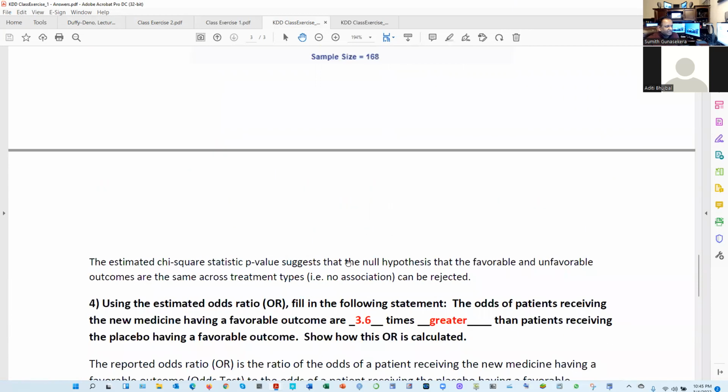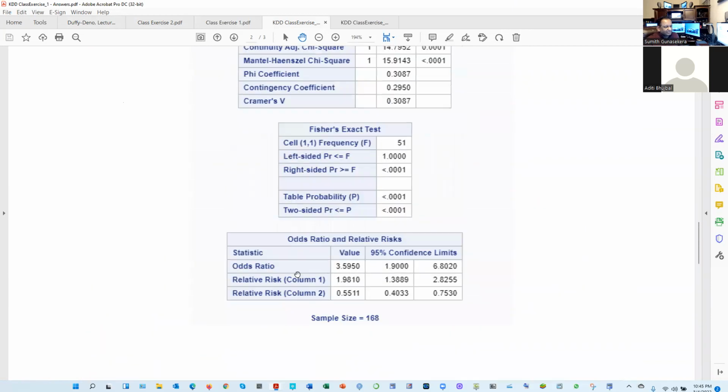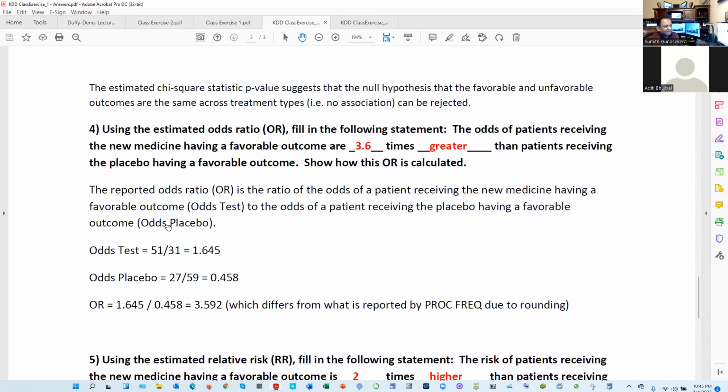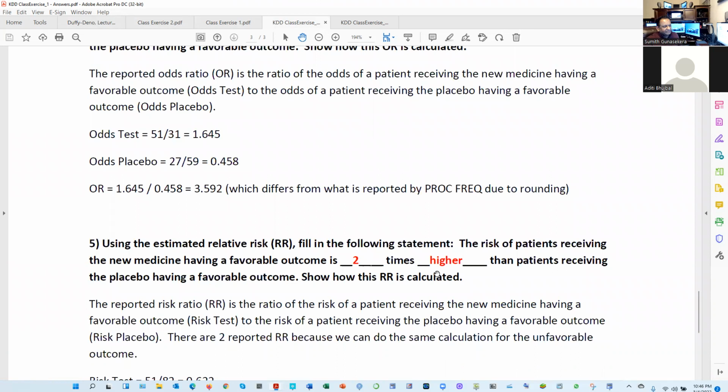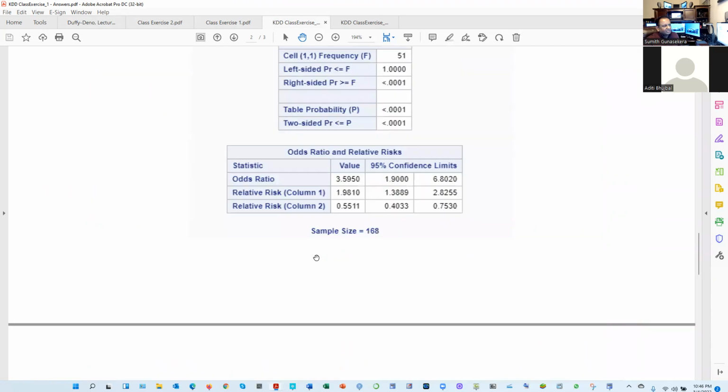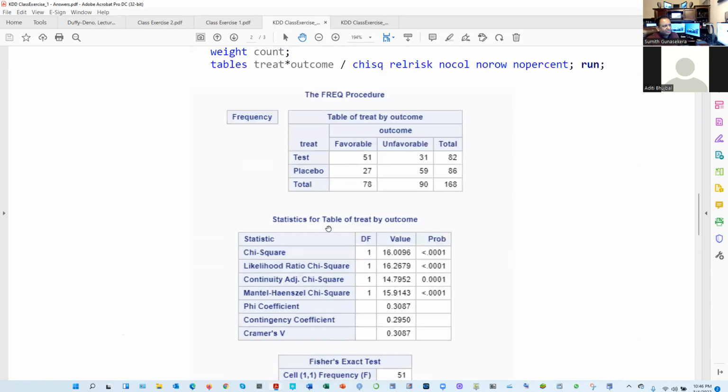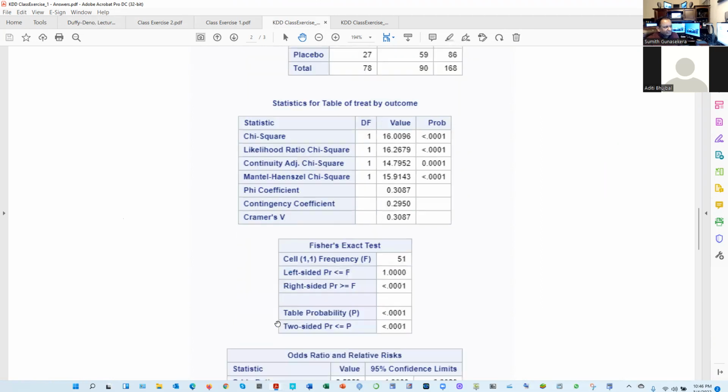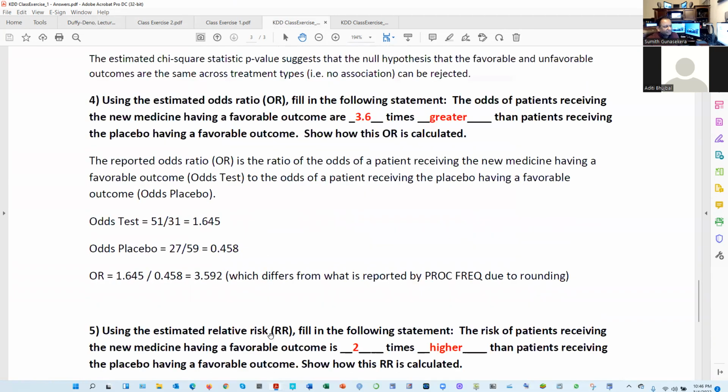You don't have to calculate. You see the table here. Another table shows 3 times greater than the patient. Make sure which relative risk you're going to take into account, this or that. This one relates to the table. See the favorable table, this one, column 1. So go to column 1, right there.